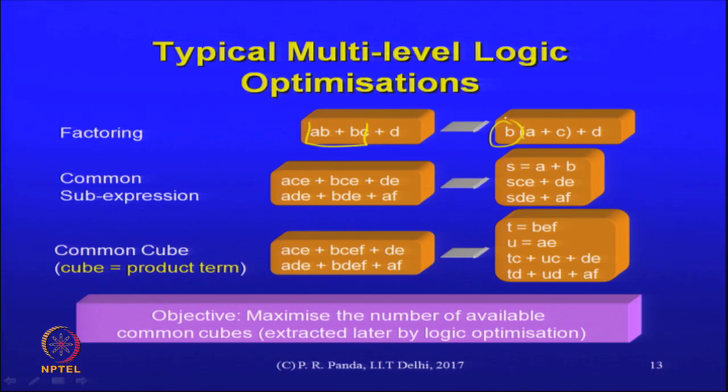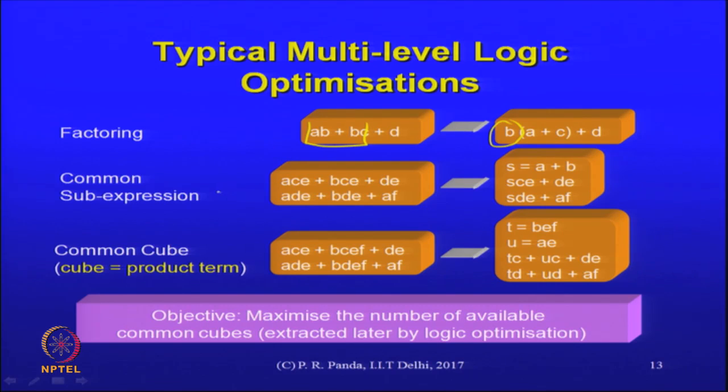Our approximation of the gate count is literal count, so I should be able to argue that it reduces literals, and therefore I would do this. I take a common b out, instead of 2 occurrences of b I have 1 occurrence of b, and therefore there is a reduction in the literal count. The rest of it does not change, but b's occurrences reduce, and therefore the total literal count reduces.